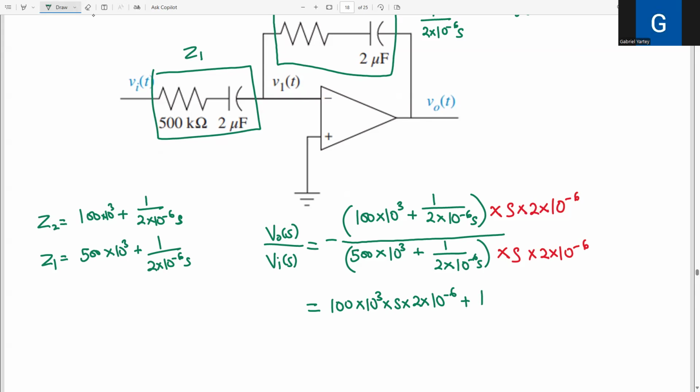So I have 1. For the denominator, I have 500 times 10 to the power 3 times S times 2 times 10 to the power minus 6 plus, the S here cancels the S here, the 2 times 10 to the power minus 6 cancels the 2 times 10 to the power minus 6, and I get 1.